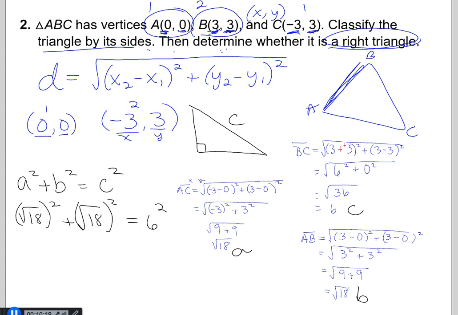Well, what is 6 squared? 36. Square root of 18 squared means the square root of 18 times the square root of 18, which is 18. And it might be easier if you think about it with a smaller one, like the square root of 3 times the square root of 3 is the square root of, what's 3 times 3? 9. What's the square root of 9? 3.